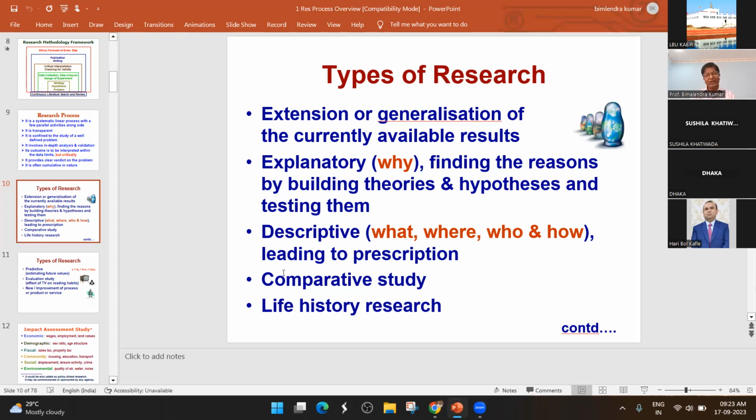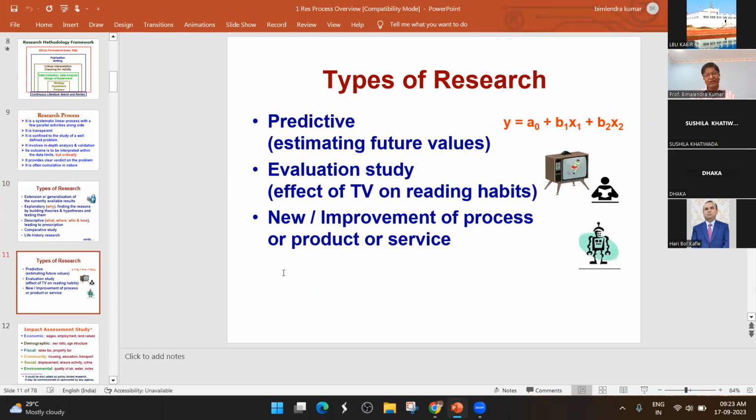There are researches done in social sciences which are called predictive, based upon numerical or quantitative data, and numerical, sociological or anthropological study.